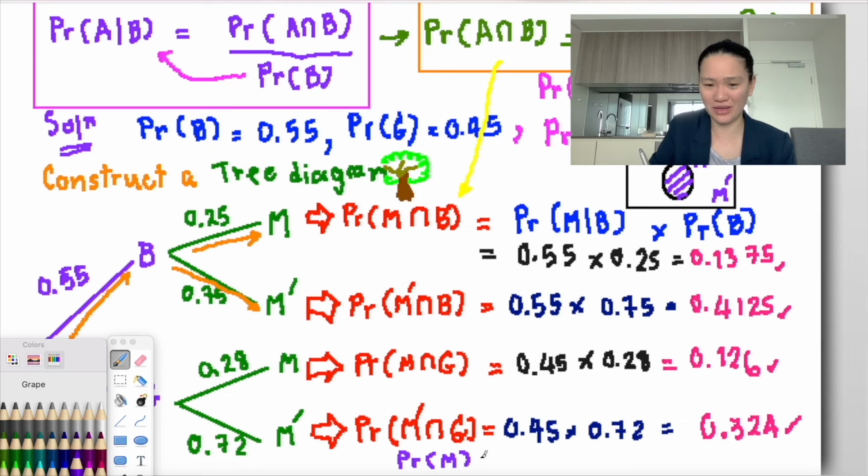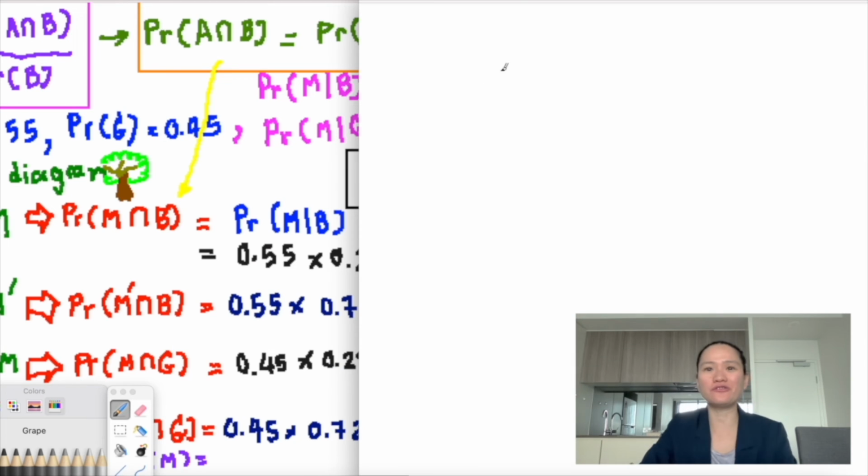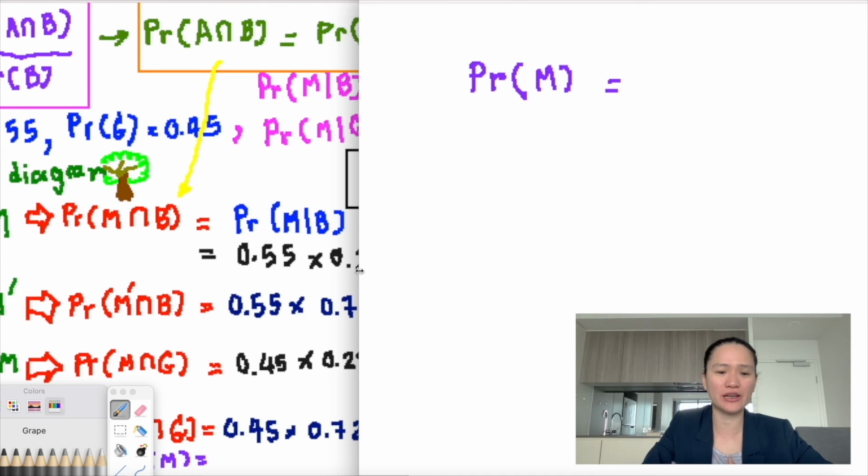So what does it mean? If they want you to find the probability that students prefer mathematics, that means they want you to find P(M). So P(M) equals, look from here.